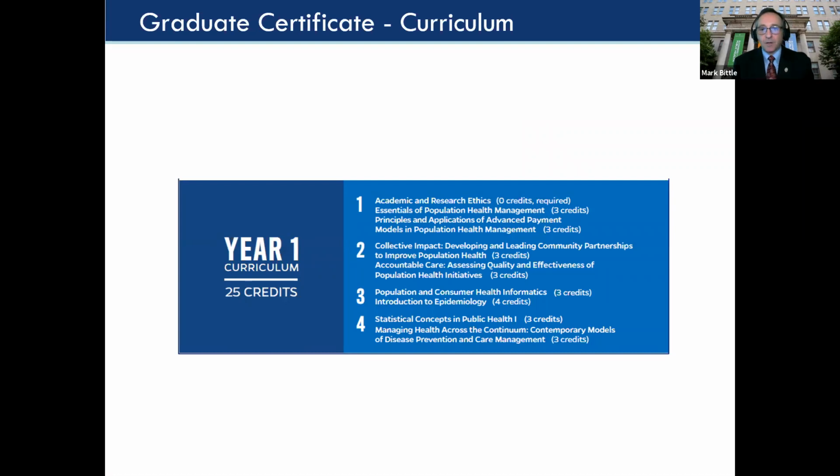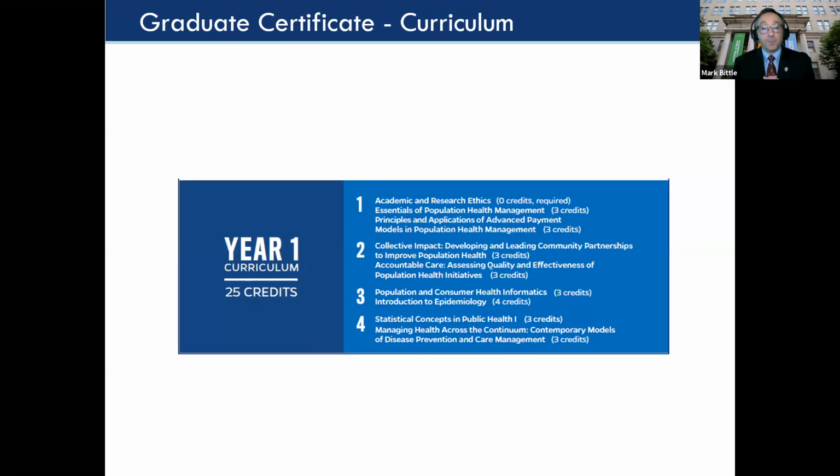So this is the year one curriculum. You can see in term one, there are a couple things that you have to take that are required. So the academic and research ethics is required for any student in the School of Public Health. We have an essentials of population health management, great starting place, right? We have principles and applications of advanced payment models, of course, that I developed and teach.